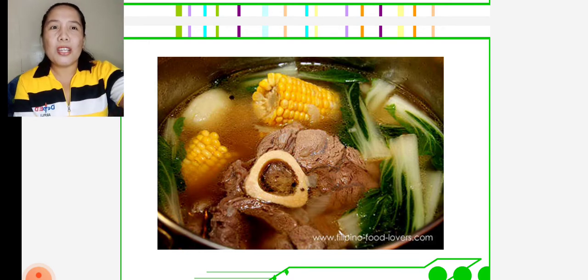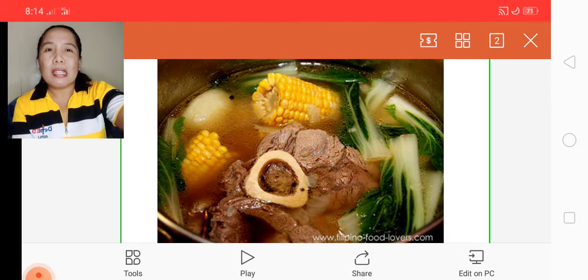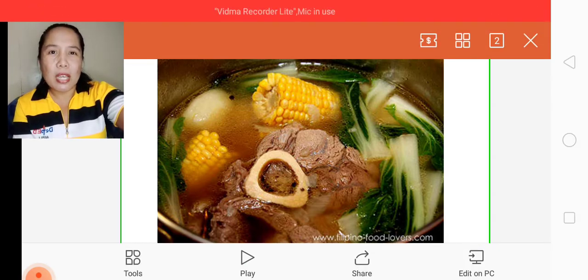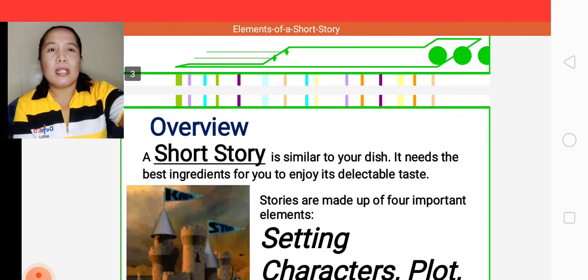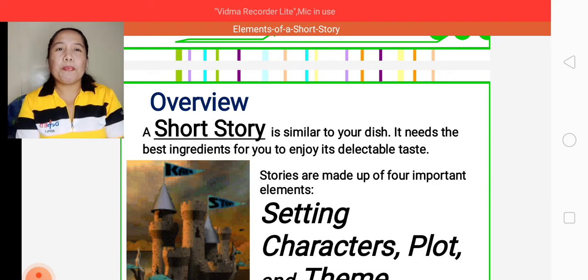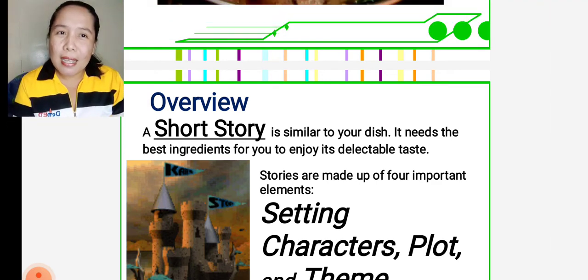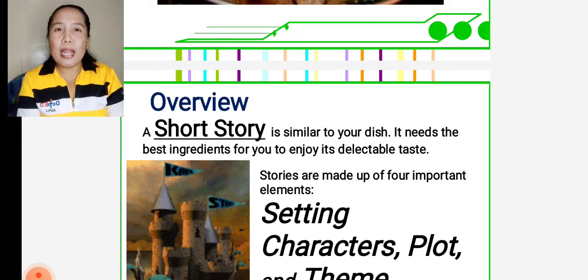Just like a short story, it needs the best ingredients to make it good while you are reading. So, a short story class is similar to that bulalo or to your dish. It needs the best ingredients for you to enjoy its delectable taste.